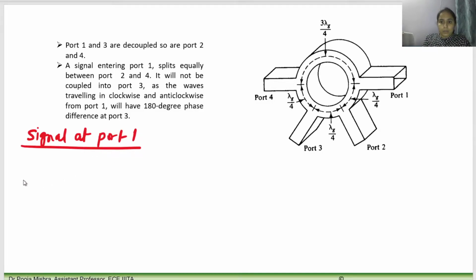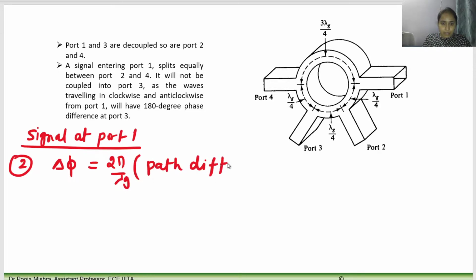What will happen at port 2? The phase difference is equal to 2 pi by lambda g into path difference. Path difference for what? Path difference for the clockwise wave and the anti-clockwise wave.